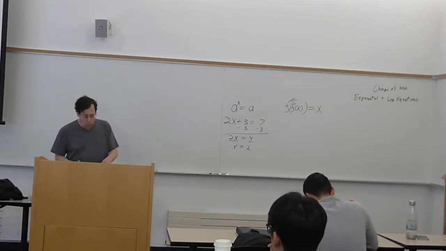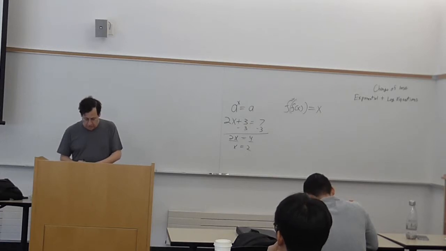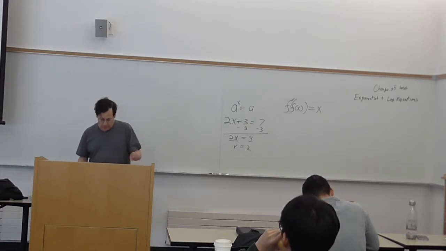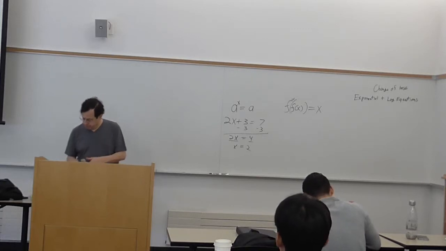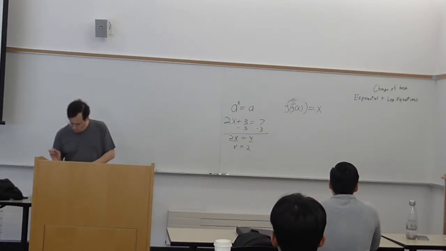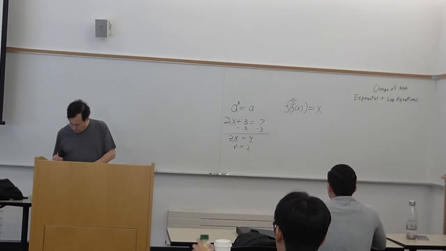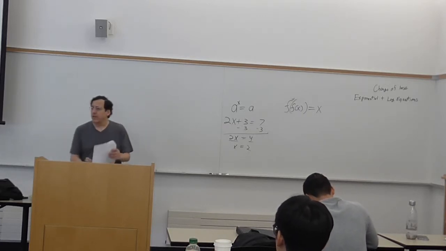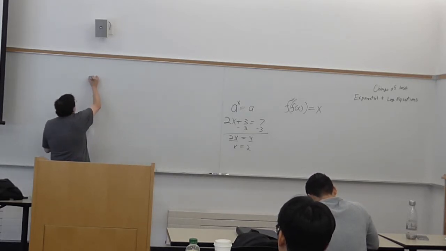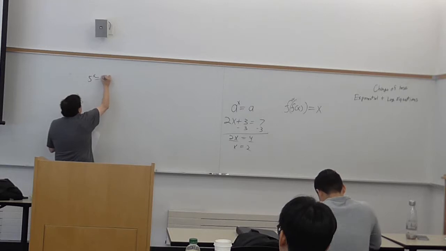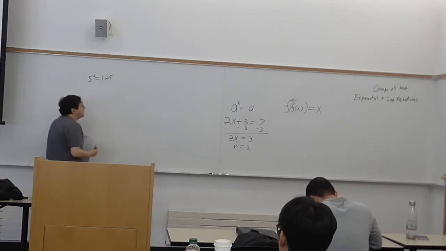Okay, we're going to do this, but we're going to take baby steps. Let's take a look at a very simple equation: 5 to the x equals 125.